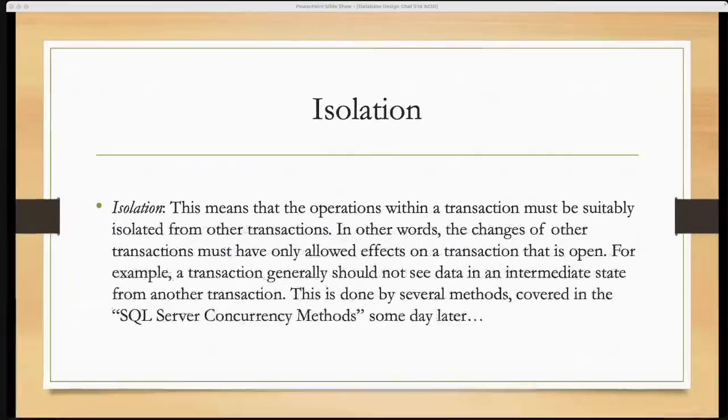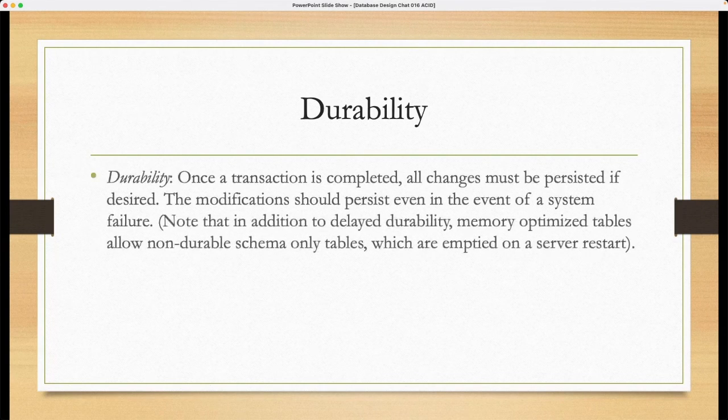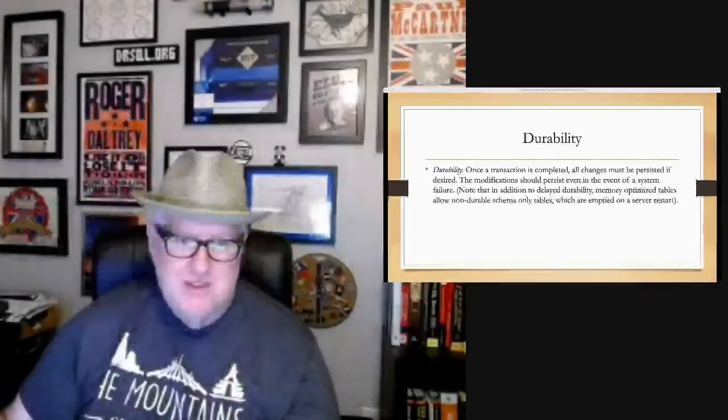All right, so the last topic is durability. Durability goes to the fact that when I put a transaction in and I commit that transaction, I expect that darn thing to be there when I come back. Because that's what I've said. That's the whole goal of writing data.